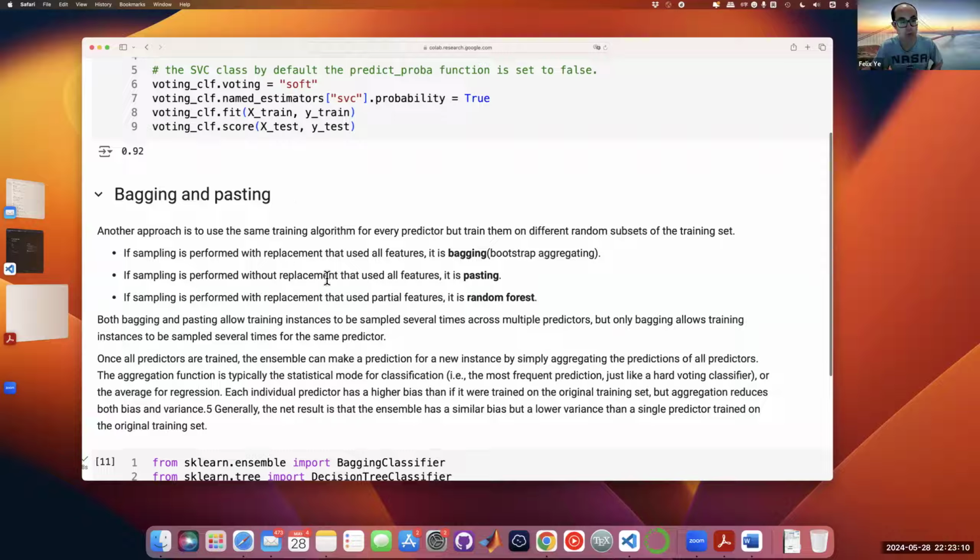However, if we use sampling without replacement, that means once I sample a point, I'm not going to sample it again. Yes, this will create biases for sure. However, this is also a very common way of doing it. This is called pasting.